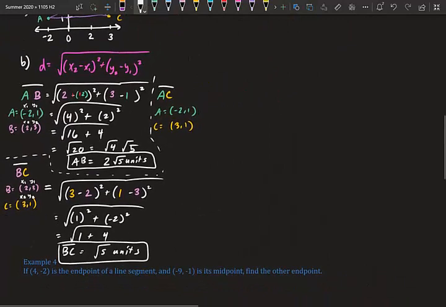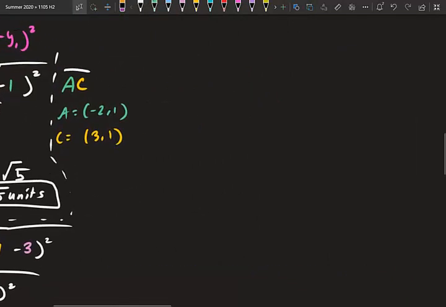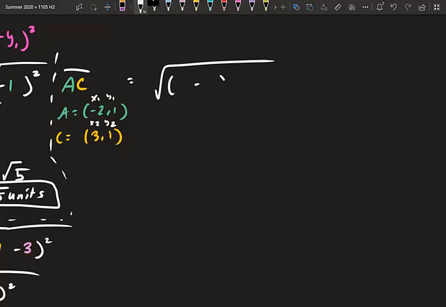All right, last but not least, we have AC, so we're going to label our points. We have x1, y1, x2, y2, and we're going to plug them into our handy-dandy formula. So we have x2 minus x1 squared plus y2 minus y1 squared. Let's go ahead and plug in our points. We simplify afterward. So we have x2, which is 3, minus x1, which is negative 2, plus y2, which is 1, minus y1, which is 1.